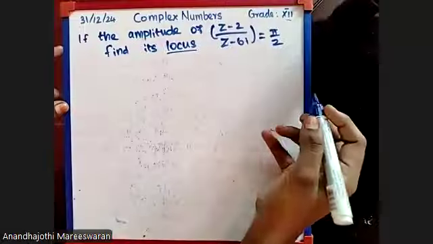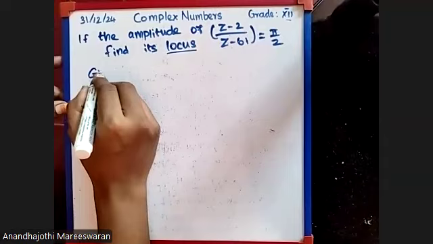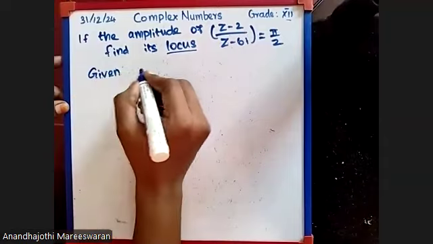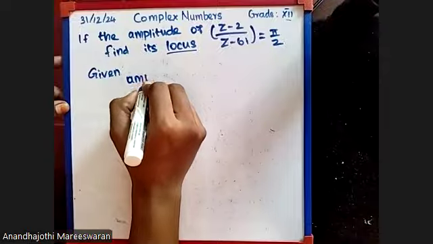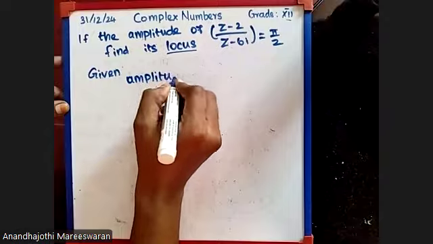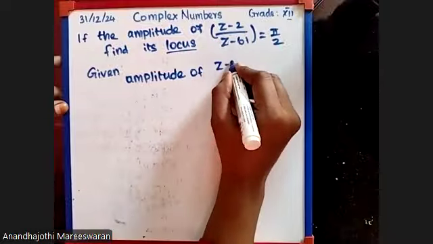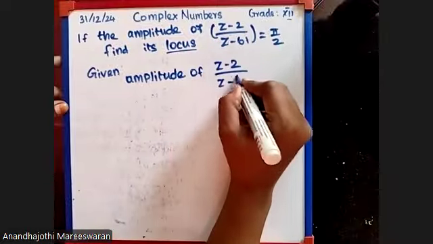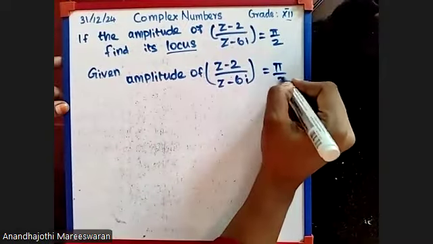Whatever the question, we are going to write the given first. Given: amplitude of z minus 2 divided by z minus 6i equals pi by 2.